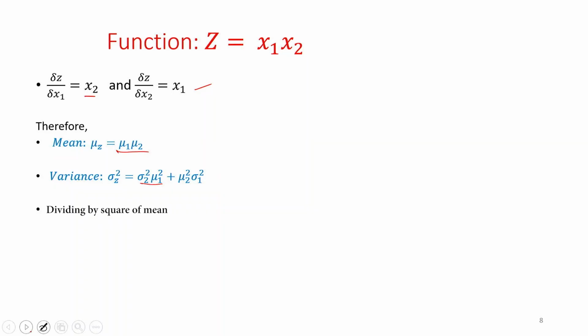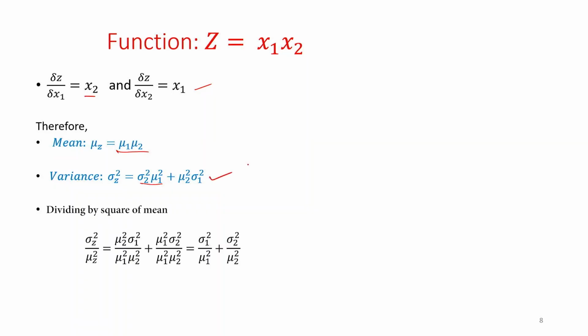If you use that, this formula will easily come. Now, if we divide by mean square, mu Z square, since mu Z equals mu1 into mu2, it is mu1 into mu2 square. We are dividing both the left hand side and right hand side by the same value.